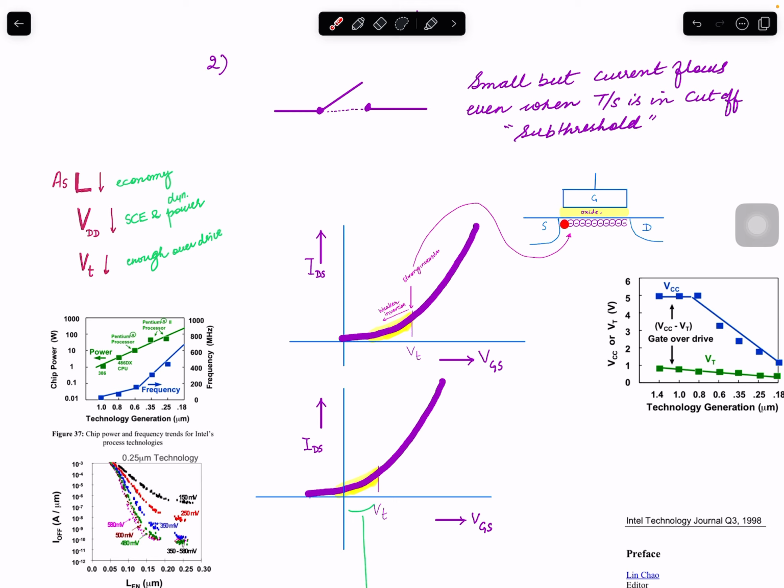What makes sense is this: VT is the gate-to-source voltage at which strong inversion happens in the channel. But even before that strong inversion, there is some sort of inversion, and current can flow, even with a little drain voltage pulling it.